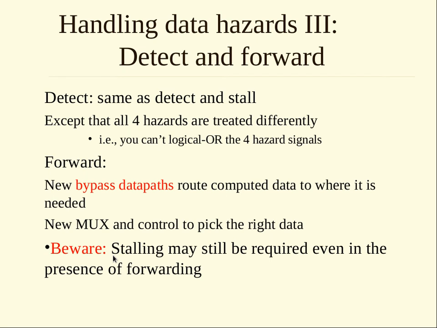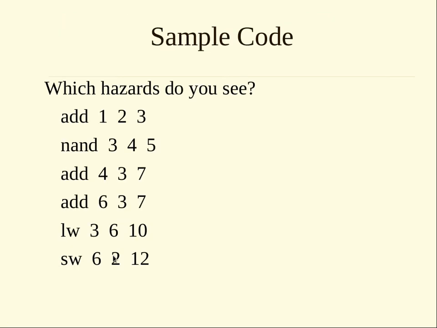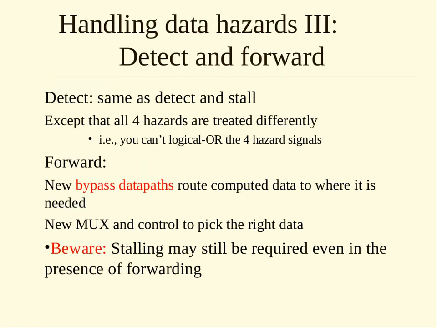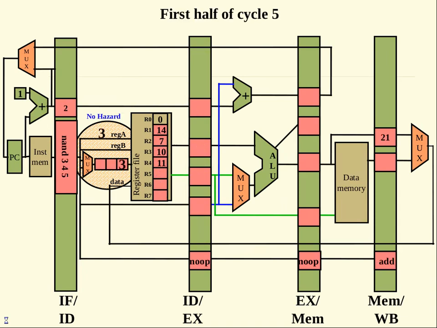Can you think of an example for that? Every instruction is trying to use the same register, I guess. And here it is. All right, look at this. When would you still have to stall? There's one instruction where you have to stall. All the other ones you can forward.